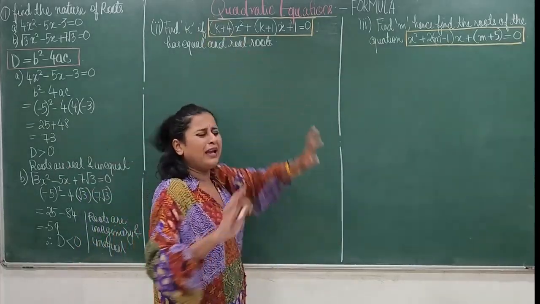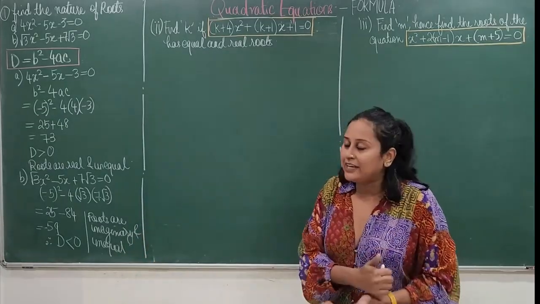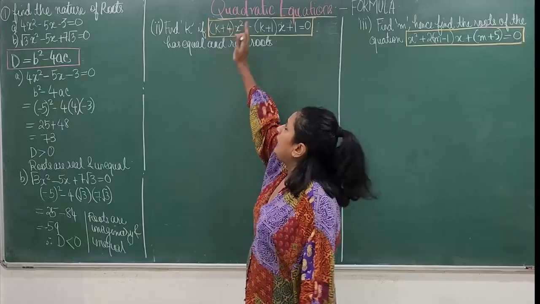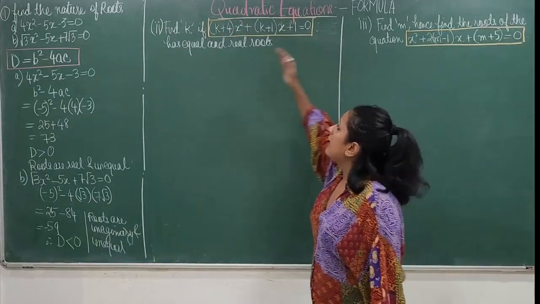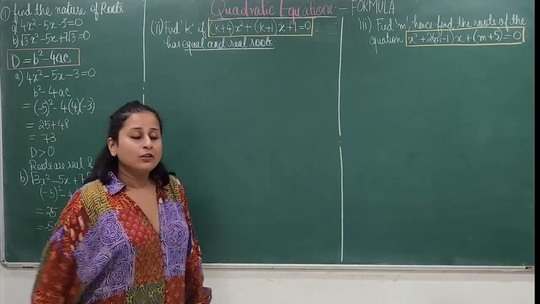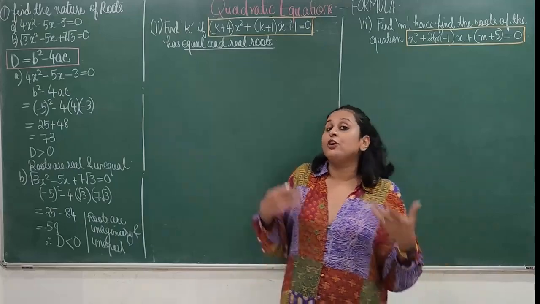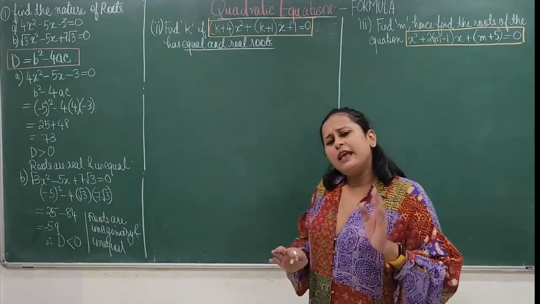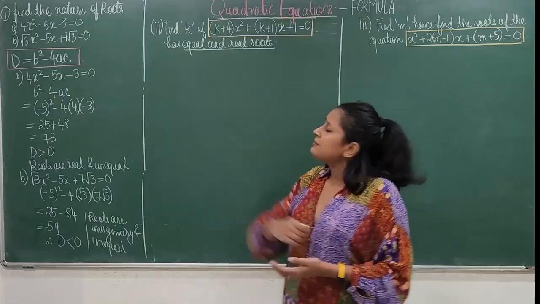But k square, k cube or whatever, with that, the whole thing becomes your coefficient. So find k if this particular huge given equation has equal and real roots. So they have given us the nature of roots. That means they have given us some indication about the discriminant. What is the discriminant here?